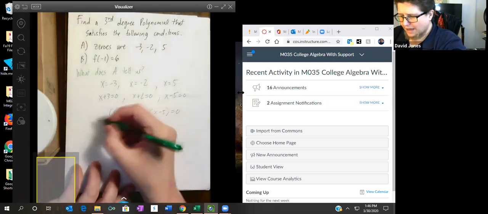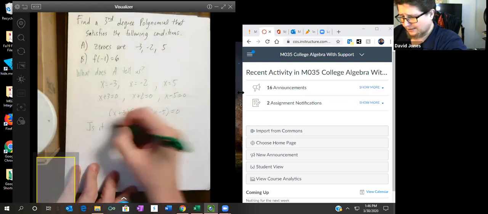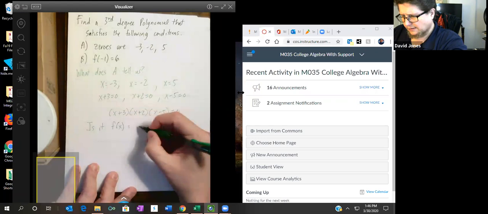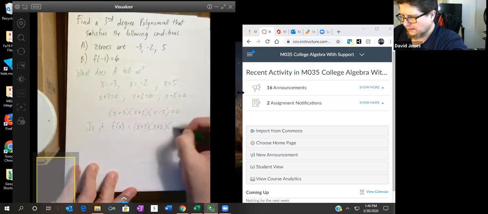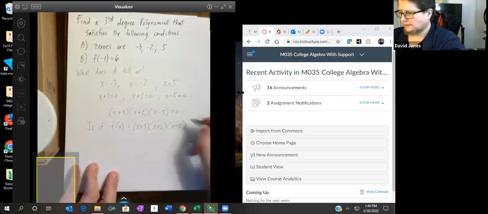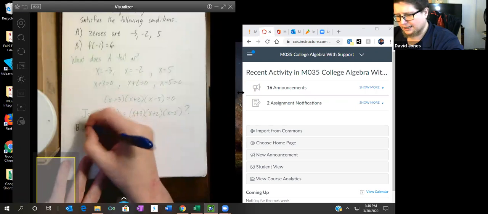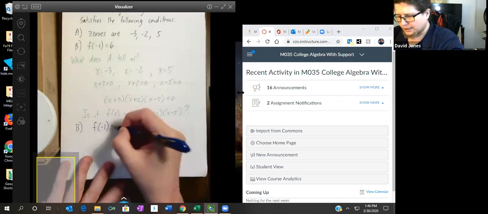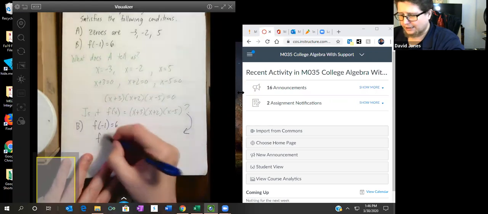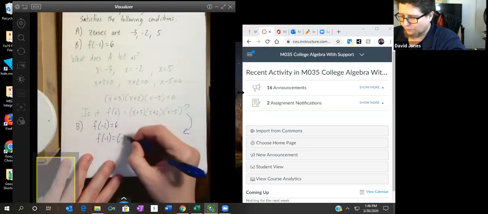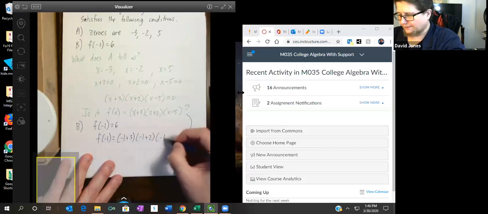Now, that might be f of x. Is it f of x? Well, part B tells us f of -1 equals 6. So let's try this. F of -1 is -1 plus 3, -1 plus 2, -1 minus 5.